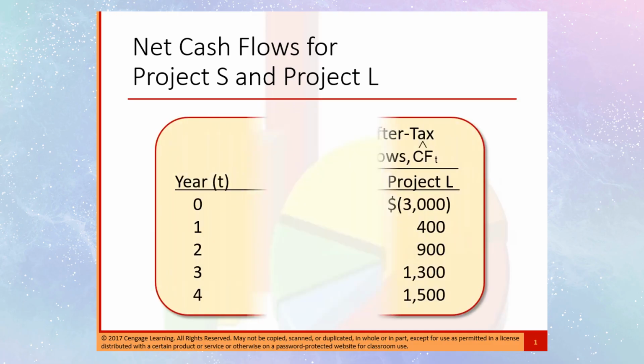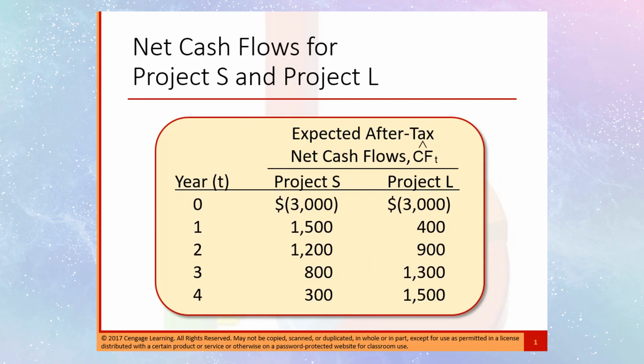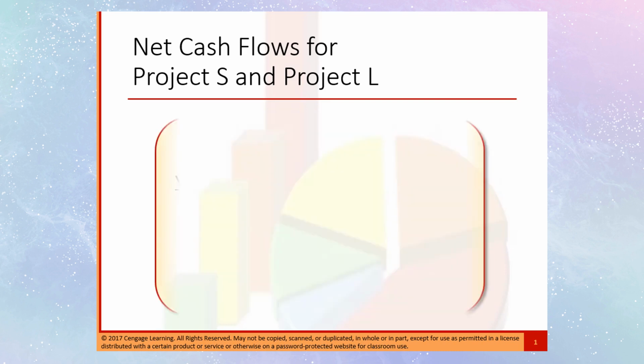Let's compare the net cash flows of 2 hypothetical projects, Project S and Project L. We use these cash flows to compute net present value and then evaluate which project provides greater value.